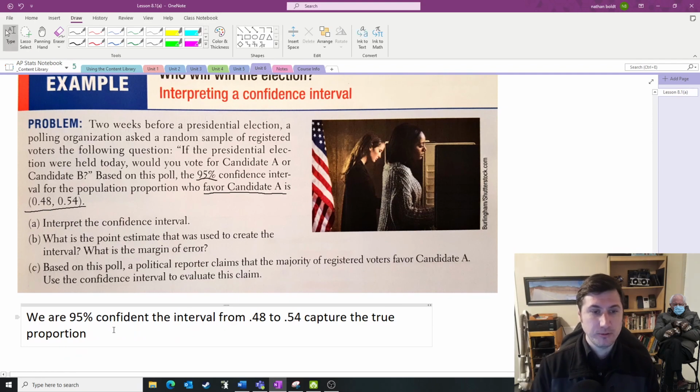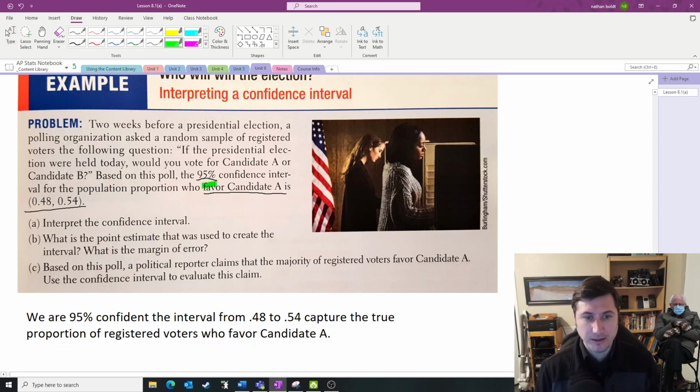The true proportion of, all right, what's our parameter? Registered voters who favor candidate A. I took that context straight from the problem. We looked at the ones that were favoring candidate A. We were only looking at registered voters, not everyone in the United States, just registered.